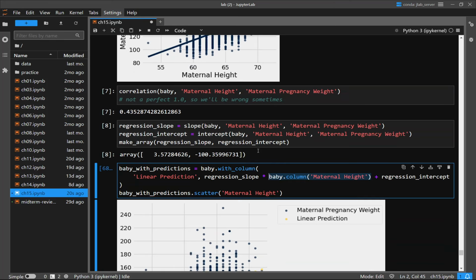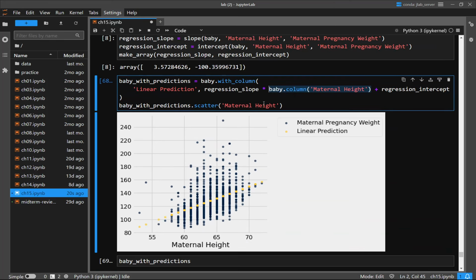We can draw this line ourselves manually now. The way you do that is you take the entire column of x values, the maternal height values, and run it through our predictor, which has a slope. So these are the x values. Here's m times x plus b, the intercept. See that? It's doing the prediction and attaching this linear prediction value as a new column.